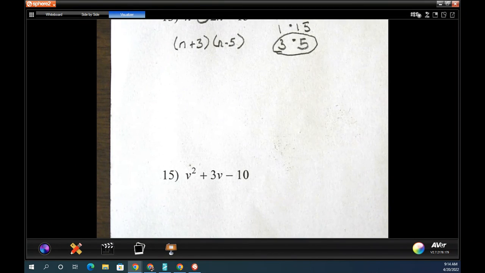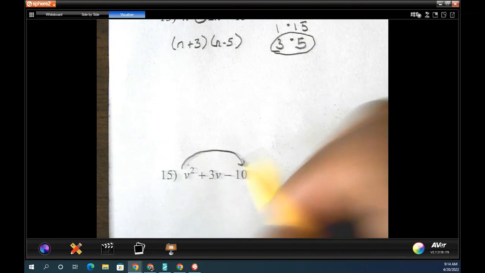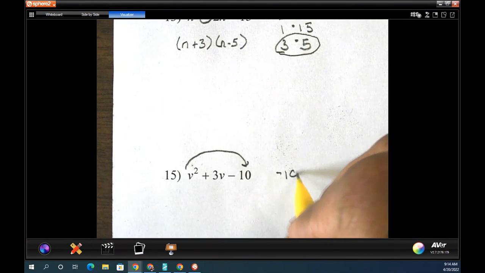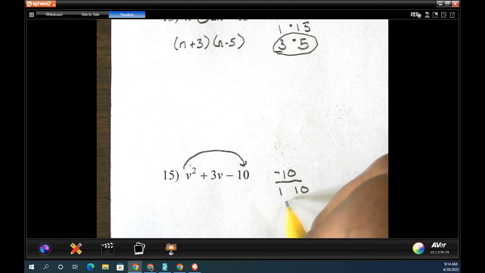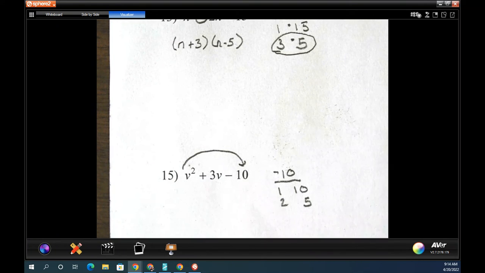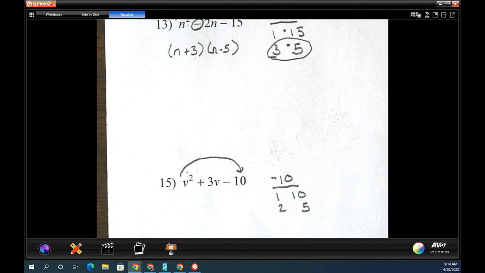Let's look at number 15. This is 1 times negative 10. So we got negative 10. Do not put in your calculator as a negative. 1 and 10 and 2 and 5. That's it. See if you can finish it from there. Get your signs correct.